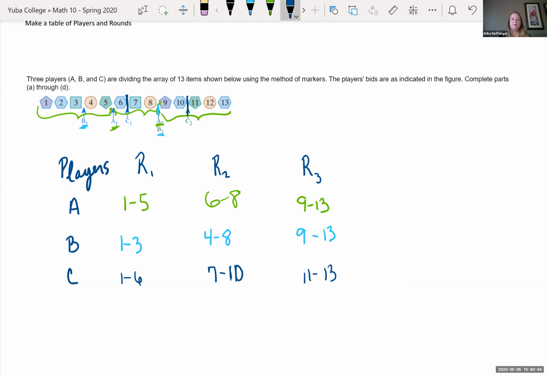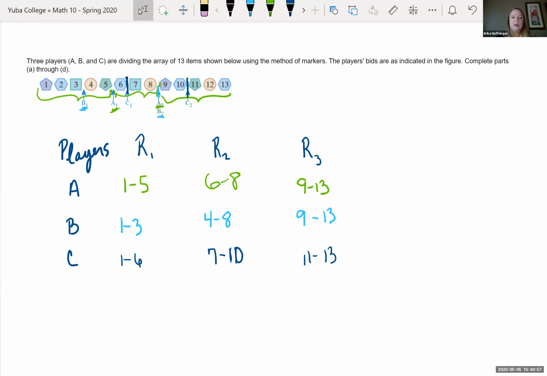Okay, so once you've marked your players and which items they believe is an equal or fair share, and you have this table down, to decide who gets what, you're looking at where the first marker comes up for round 1. Let me erase what I have up here.